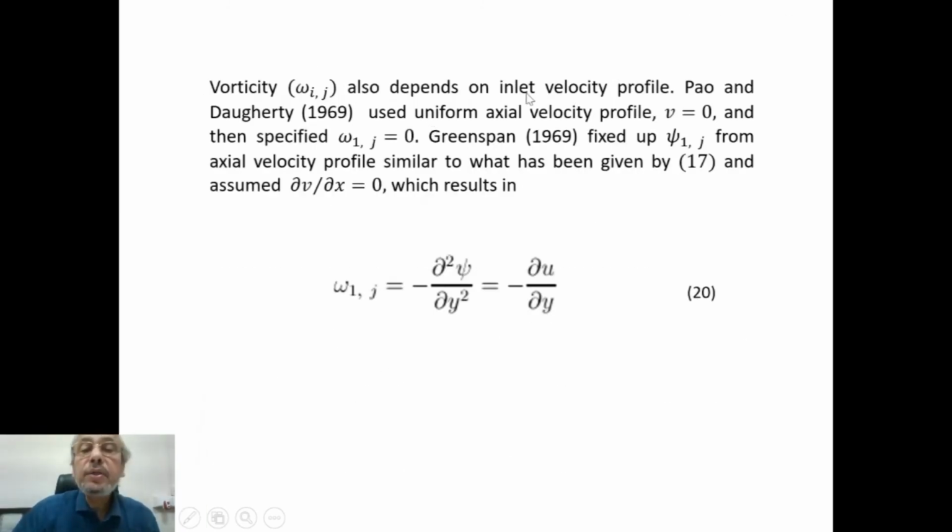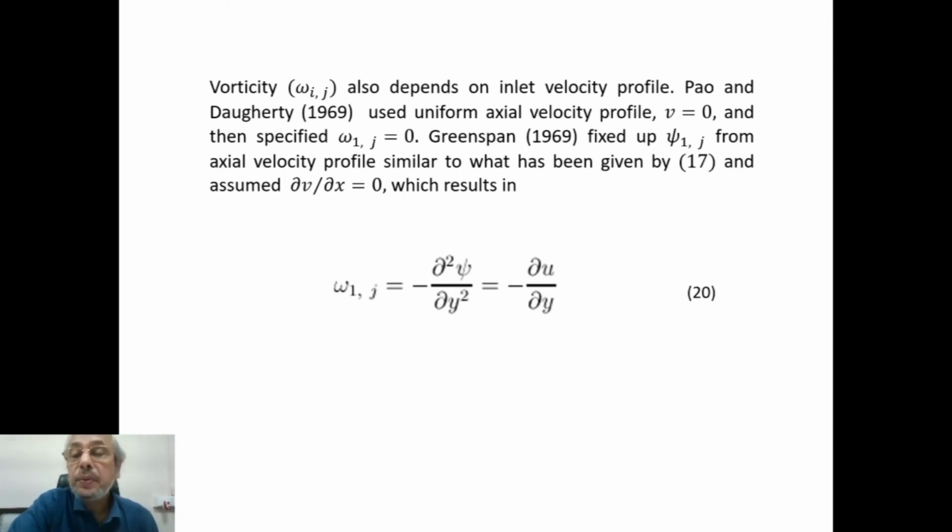Vorticity also depends on the inlet velocity profile. Now, different people considered the inlet vorticity on the inlet plane in different ways. Pau and Dougherty used a uniform axial velocity profile.